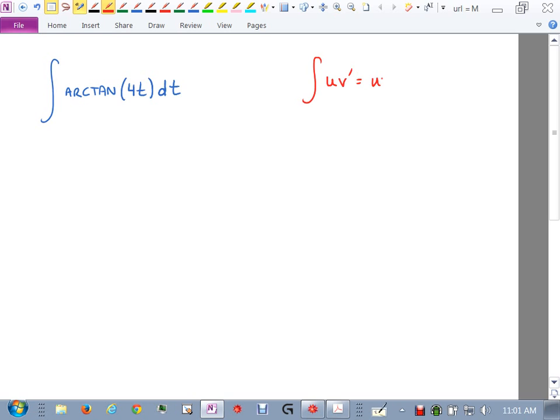This integral turns into uv minus the integral of v u prime. Right? That's our formula, where we have to choose something for u. The other thing we choose will be the derivative of v, and in the new integral, you have the derivative of u and the antiderivative of v prime. So in this integral that we're presented with, we need to try and choose a u and choose a dv. So any ideas here?